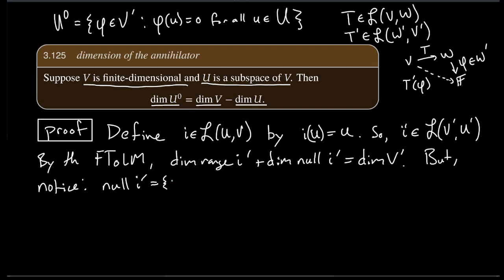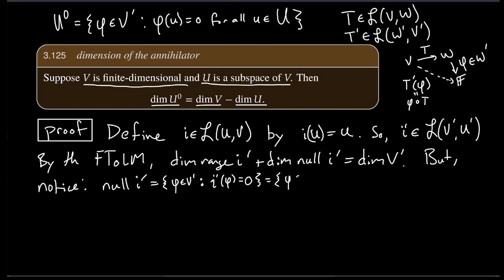So we're looking at φ in V' such that I'(φ) is 0. But what is I'(φ)? Well, just looking at the definition of the dual of a linear map, all you do is you do T first, and then you do φ.